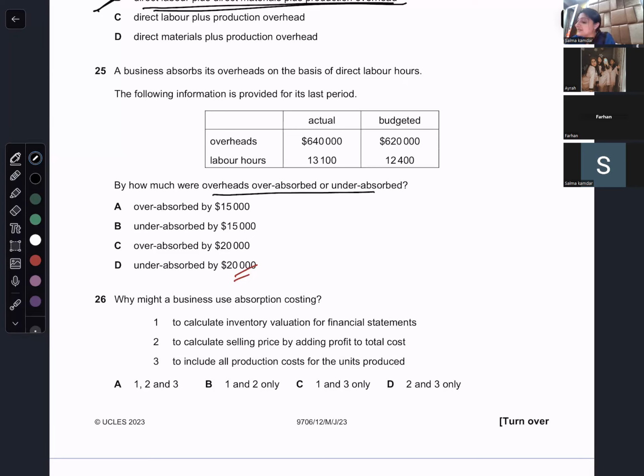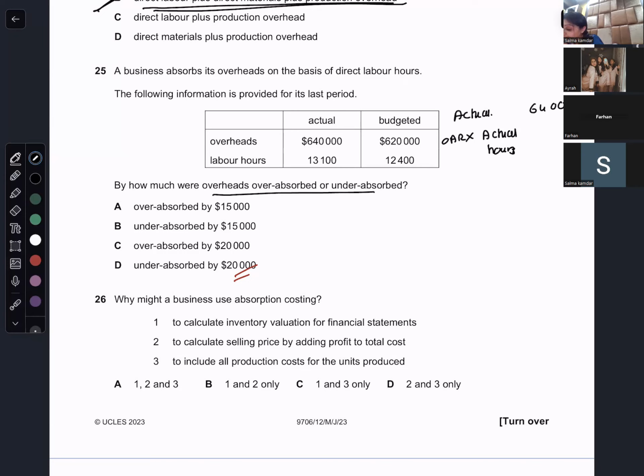Okay, for overheads under absorbed or over absorbed, what do we do? We take the actual and then minus the budgeted OAR for actual hours. Please write it in your notes.